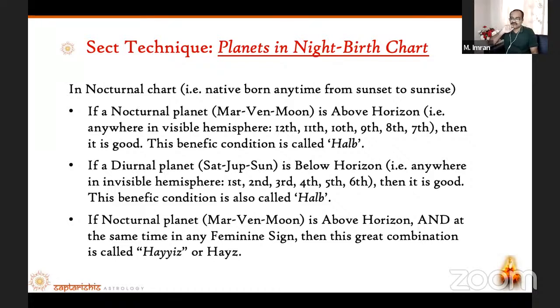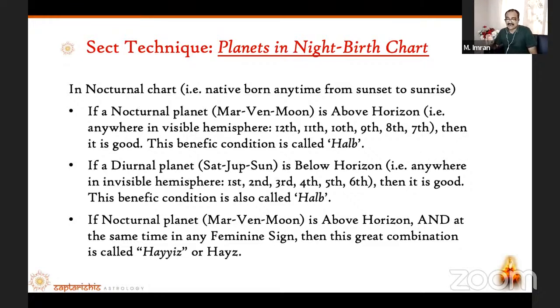If you are born at night and Venus is in the first or 12th house, or even in the seventh or eighth house, in a nighttime chart after sunset, there is a rare possibility of having Venus in Halb. But if that condition holds, this is a great Venus that will bestow great results, luxury, comfort, and so on, about the natural signification of Venus and about its own rulership and lordship.